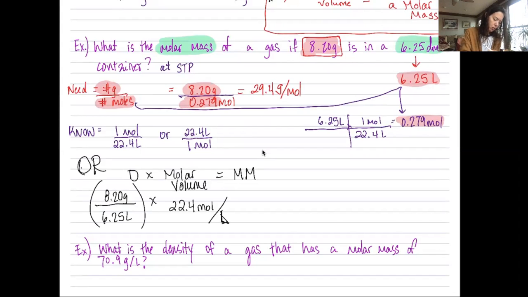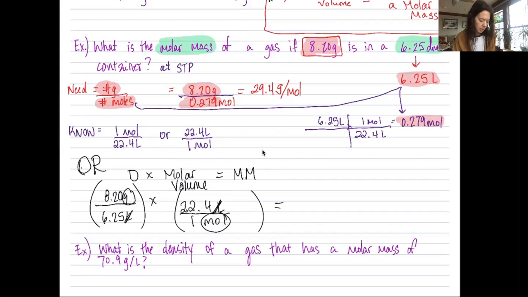Whoa, you see what I did wrong. I was looking at my units and figured out that it's 22.4 liters per mole, right? As a matter of fact, let me write it like this so that you can see your units better. Here my liters cancel. I'm left with grams per mole. So I have 8.2 divided by 6.25 times 22.4, and once again, I've got 29.4, same answer. And that's my molar mass.